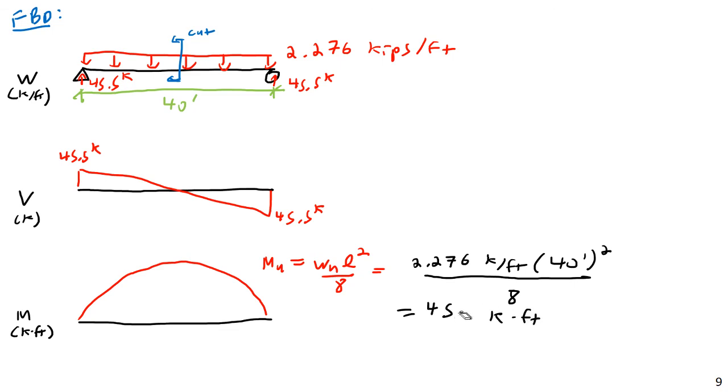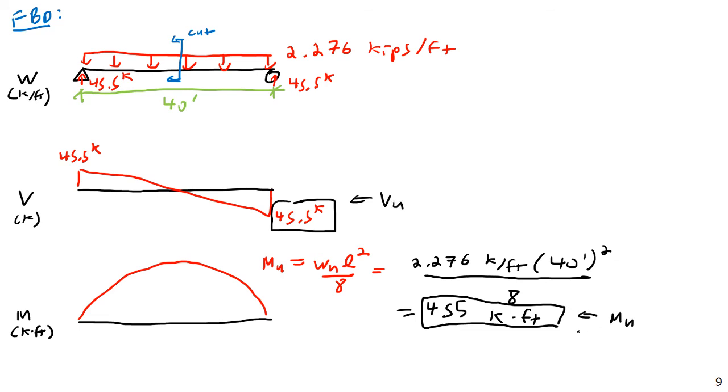And this right here is the kind of ultimate load that we would use to design a concrete beam. So we would also have an ultimate shear, so maybe I could box both of these. This would be my V ultimate, and this would be my M ultimate.